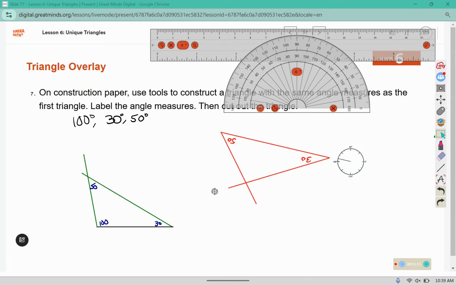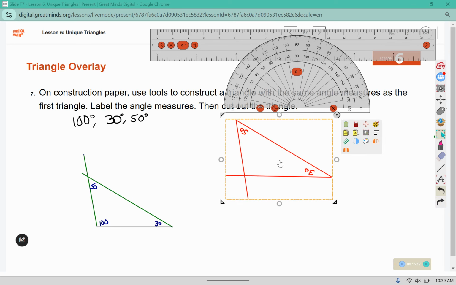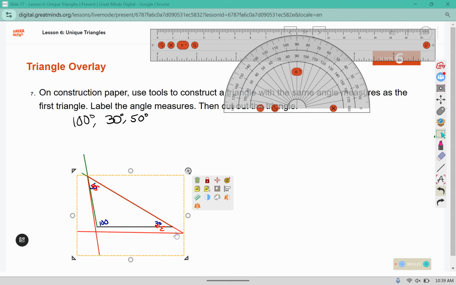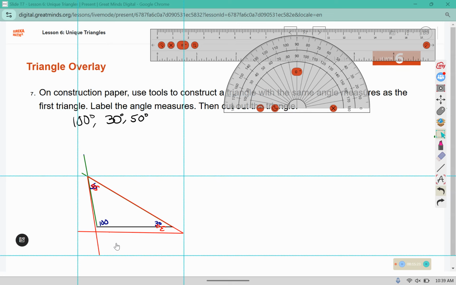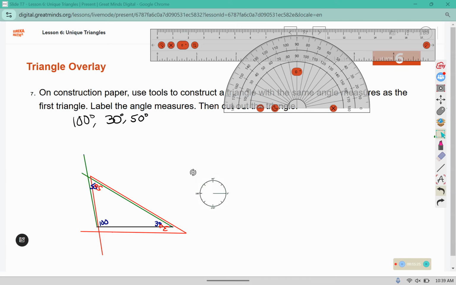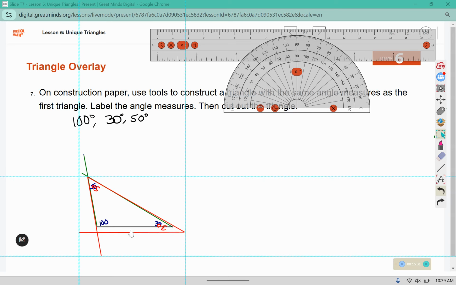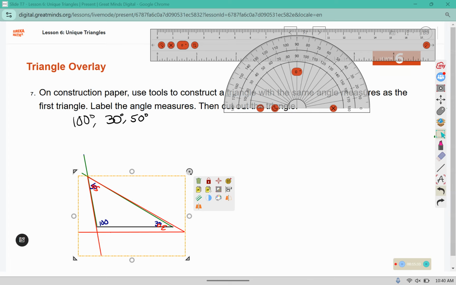If I were to rotate to line up my 50-degree angle and my 30-degree angle, you can see that they are very similar, but they're not exactly the same size.